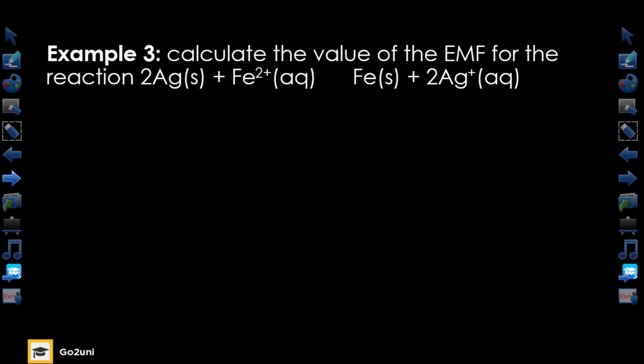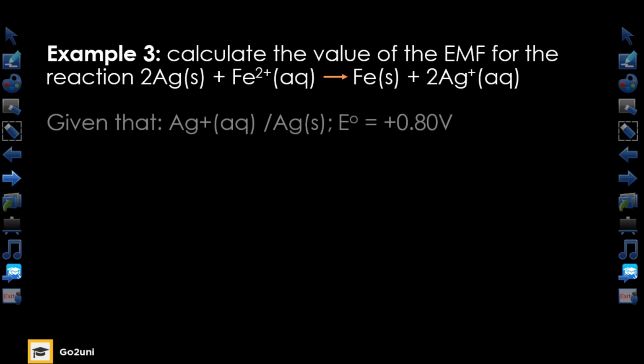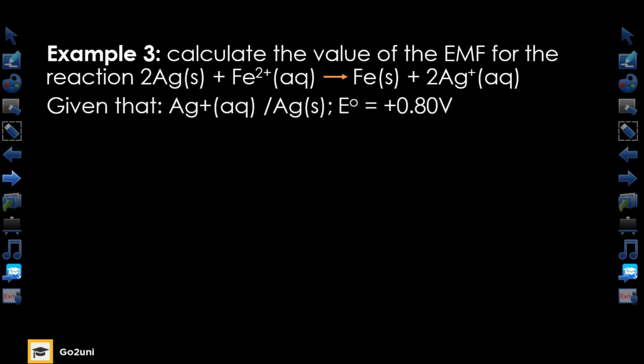We are told to calculate the value of the E.M.F for the reaction 2Ag plus ion to give us Fe plus 2Ag plus. So how do we go about that? We've been told that the silver electropotential is 0.8 and iron is minus 0.44.